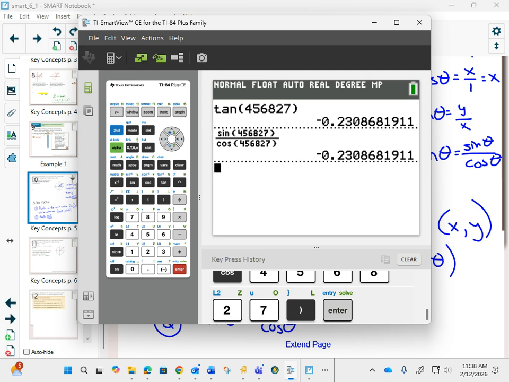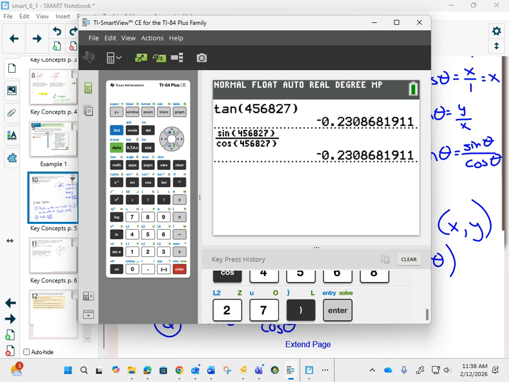Now, technically, we only proved that it works for 456,827 degrees. But the fact that I was confident in you picking any number between 1 and a million, right? Kind of, then I'm either the magician part right, or it does work for anything. You can try it with other numbers.